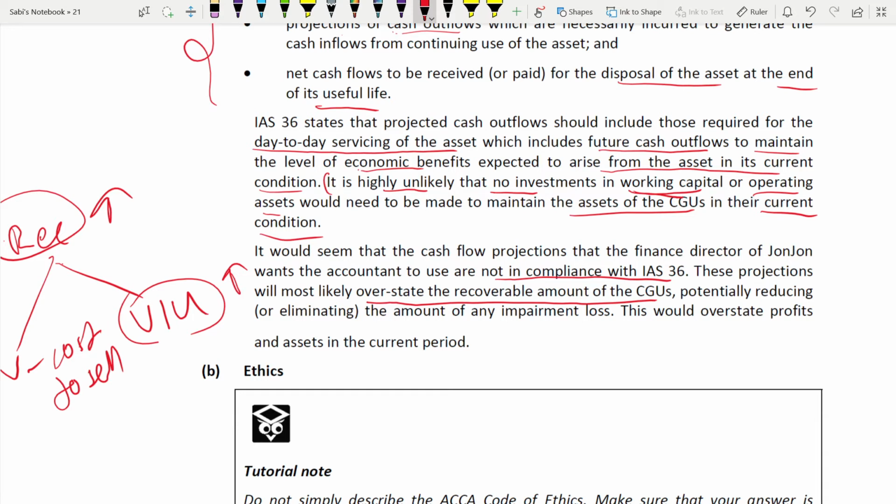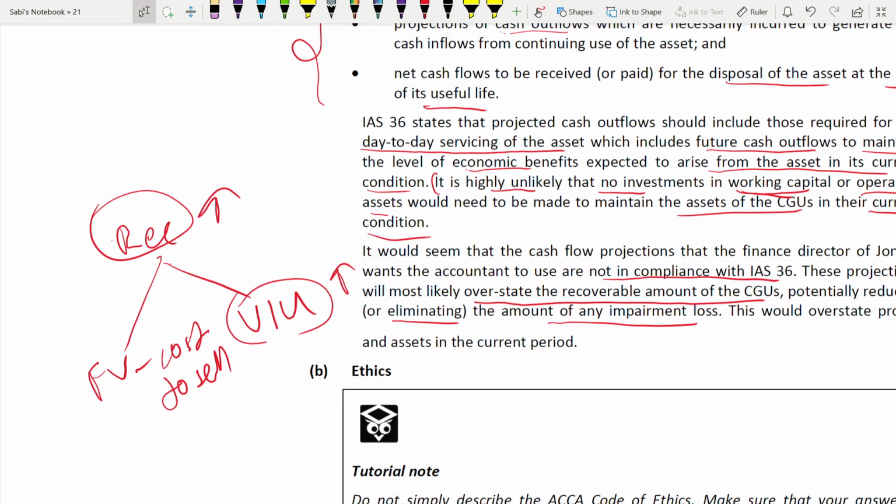Overstated recoverable amount potentially reduces or eliminates the amount of any impairment loss. It could reduce it or totally eliminate it. How can it eliminate the impairment loss? You have to talk about impairment loss because it is IAS 36, impairment. At the end, you have to mention a line about impairment. Remember that, even if value in use is the main thing.